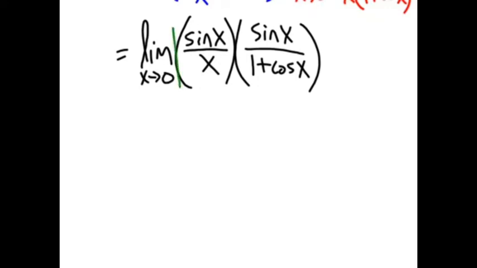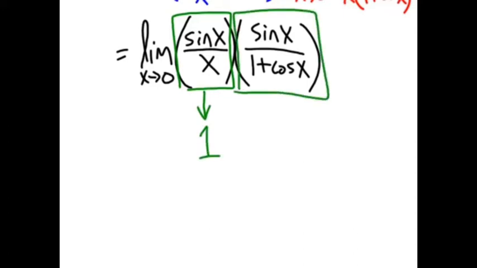This is by our squeeze theorem. So the value will be 1, and sin x divided by 1 plus cos x will be left with me. Now look at this.